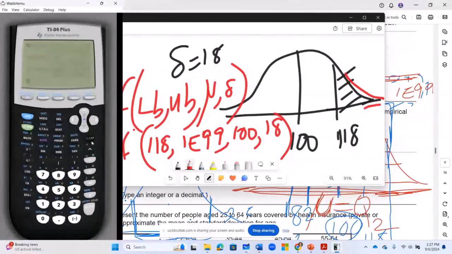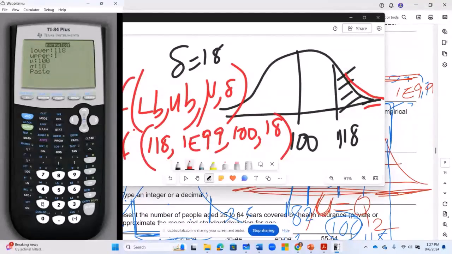I'm going to clear all the other ones. So second distribution, number 2, and the lower bound is 118. The upper bound is infinity, 1e to the power 99. Let me clean it so I can type it again.